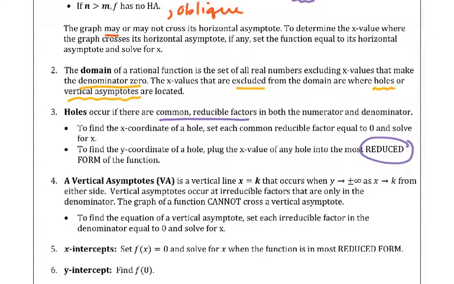One thing to remember about a vertical asymptote is that you cannot cross a vertical asymptote. When we write a vertical asymptote, we need to make sure we're writing that as a vertical line. So whatever is irreducible or left in the denominator, that's what you're going to set equal to 0 and use that to solve.